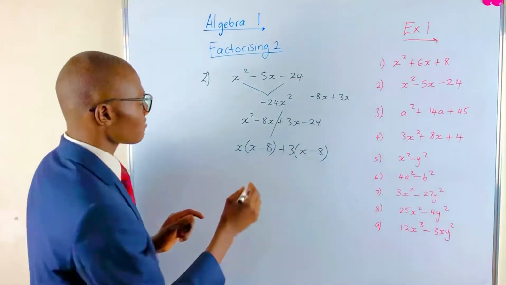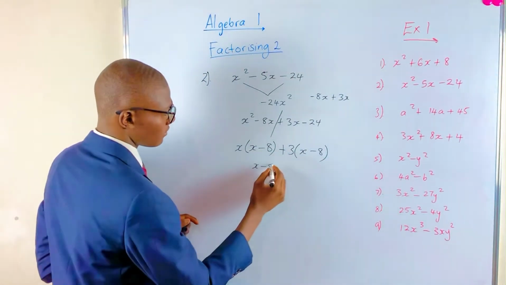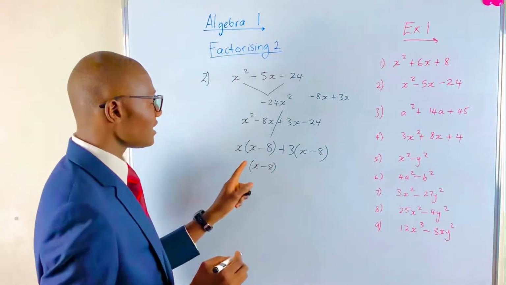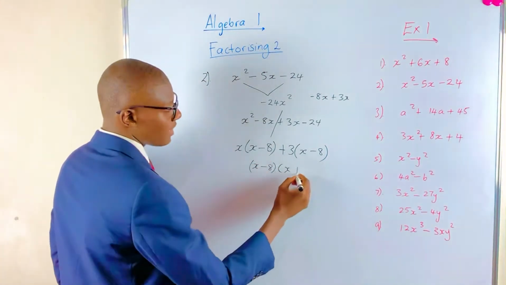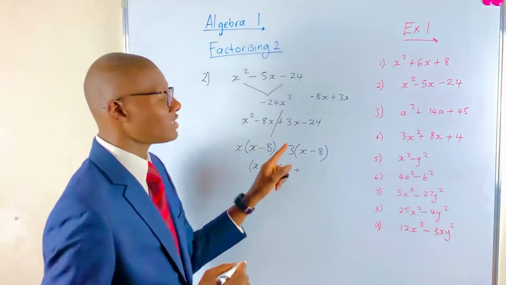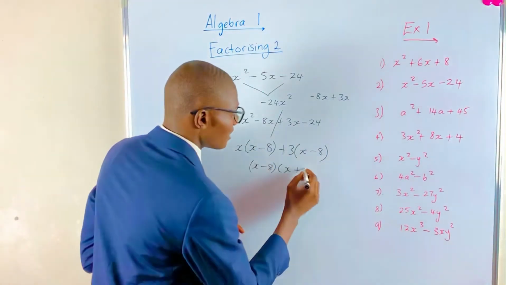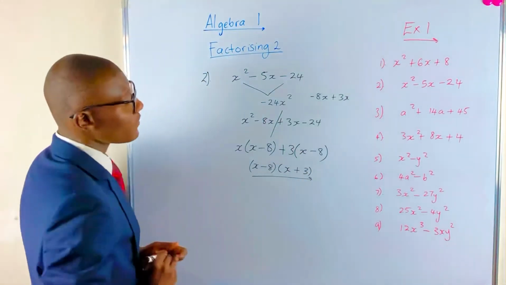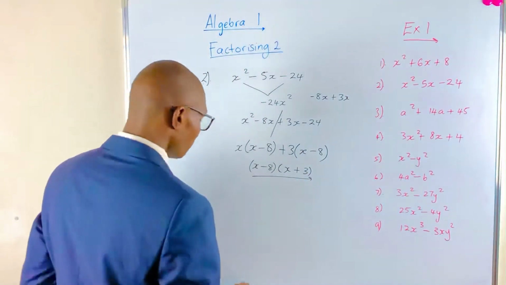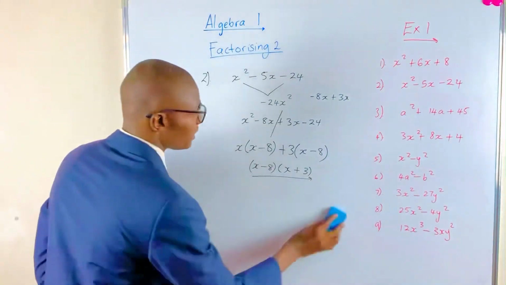So we see x minus 8 is common. x minus 8 into x times x minus 8, that will give us an x, plus x minus 8 into 3 times x minus 8, that will give us a 3. So this is how we factorize number 2. Now let's move on to look at number 3.